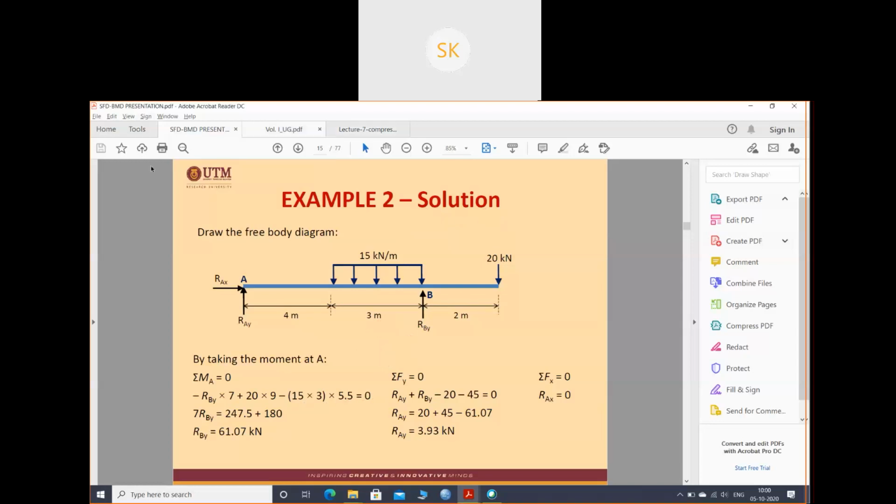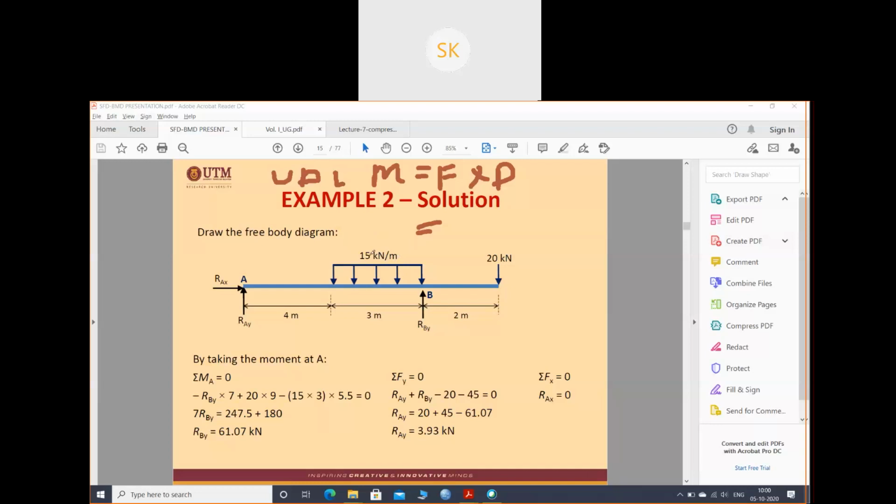Let me explain once again. For UDL conditions, to find the moment, you have to use force into distance, right? So for UDL, you will have force. How much is the force? 50 kilonewton per meter. Earlier we used to take only the load, which is 50 kilonewton or 40 kilonewton.